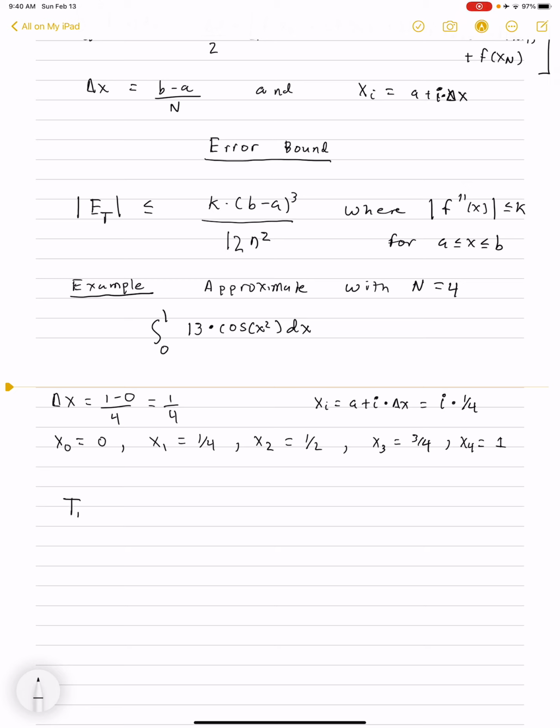So the trapezoid rule with four trapezoids is going to be 1/4 divided by 2.